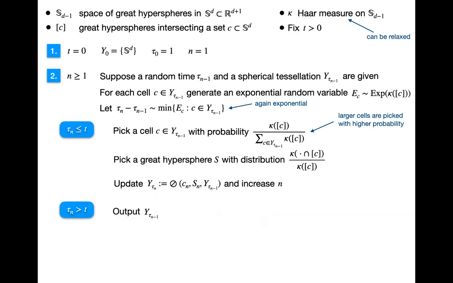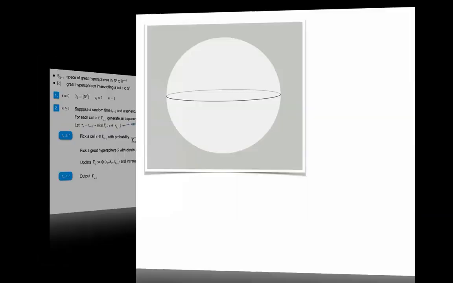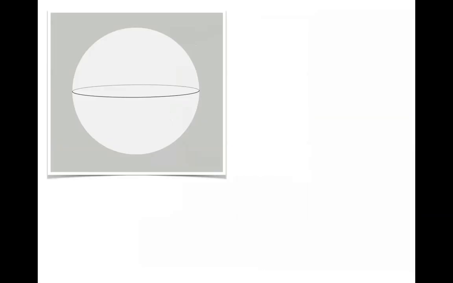So how does it look in pictures now in mathematical terms? Here's the sphere, and we already did one splitting. We split the sphere by one great hypersphere, and I rotated the whole thing in such a way that this great hypersphere is now the equator. And this equator has split the sphere into two parts, namely the upper half sphere and the lower half sphere.